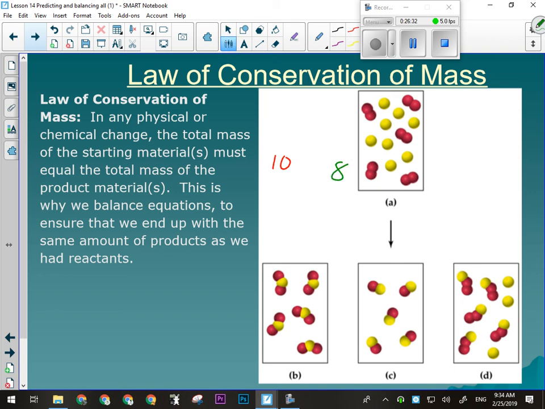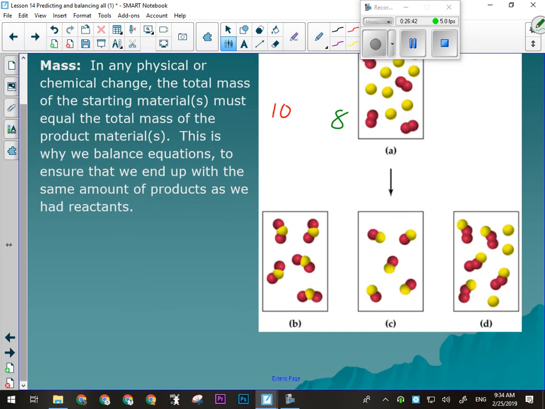That's what I've got. Sorry, I don't have yellow, I have green. So I've got 10 reds up here and I've got 8 yellows up in here. That means that whichever one of these shows the law of conservation of mass being obeyed has to have 10 reds and 8 of the yellows. Obviously, C isn't right. There's far too little mass there for that one to be right. There's way less stuff there.